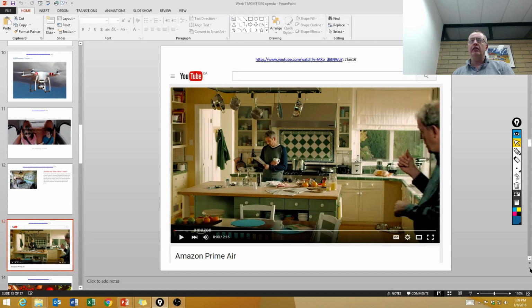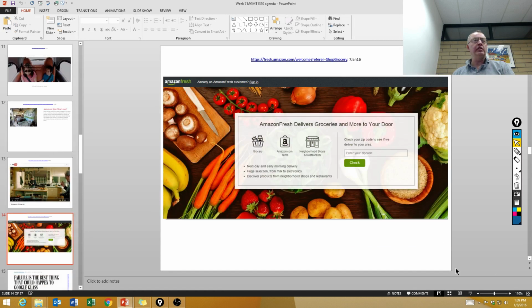But Amazon, in a couple of recent years, has also gotten into the fresh food business. So they're trying to put even your local grocery store out of business. If you live in a big city in the States or in England, you can order fresh food from Amazon, and they'll have, I believe, same day delivery. Okay, next day delivery or early morning delivery.